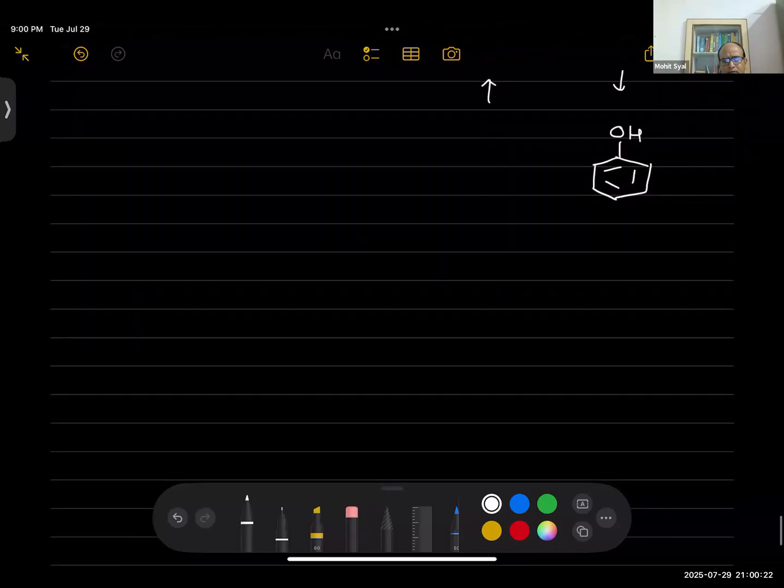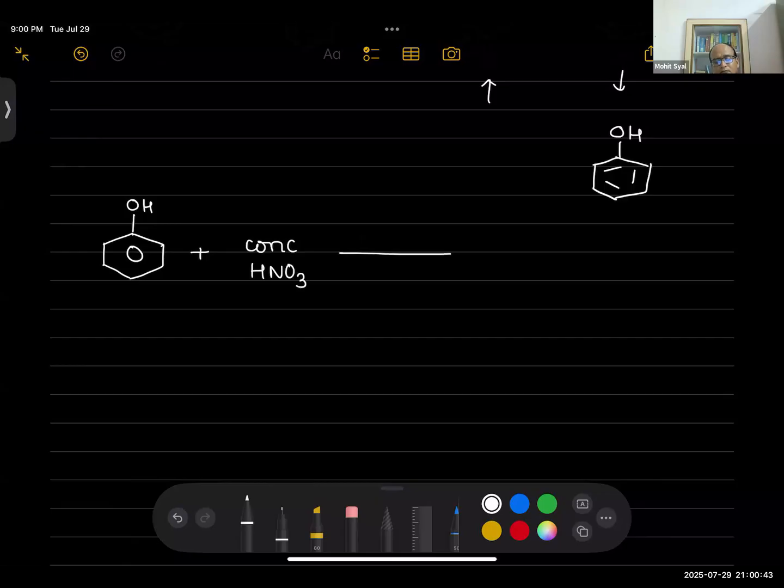Suppose we go for the nitration of phenol with concentrated nitric acid, what are we going to get?